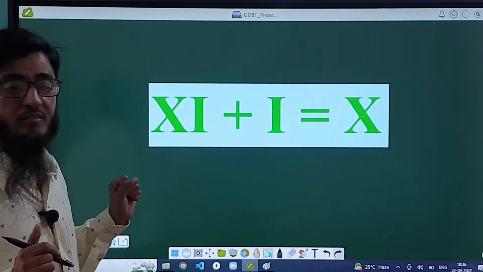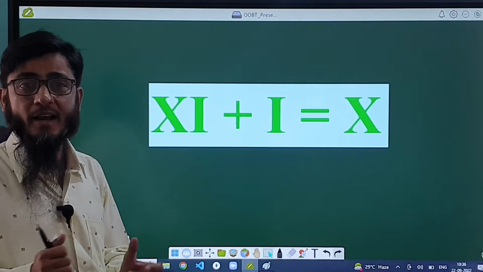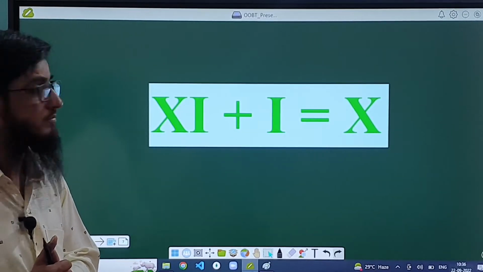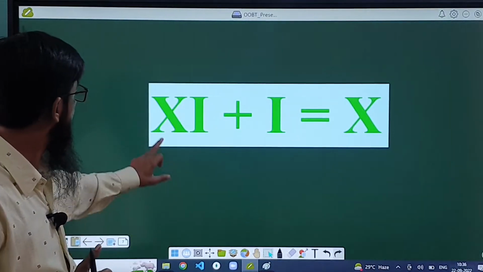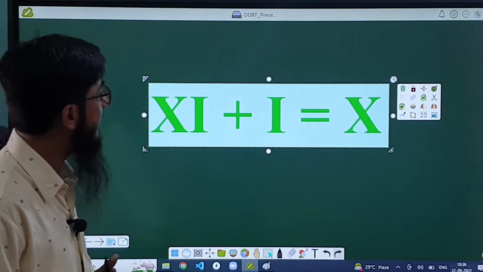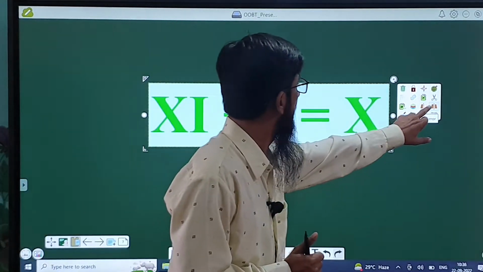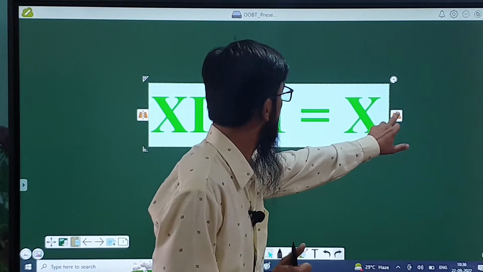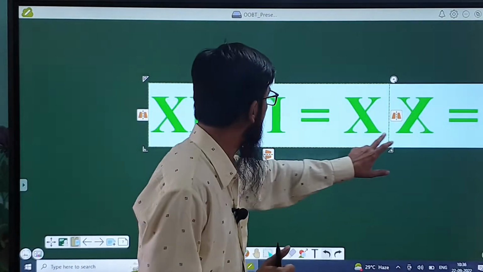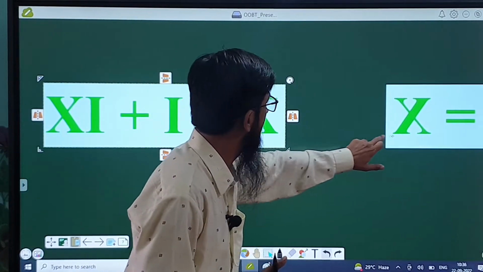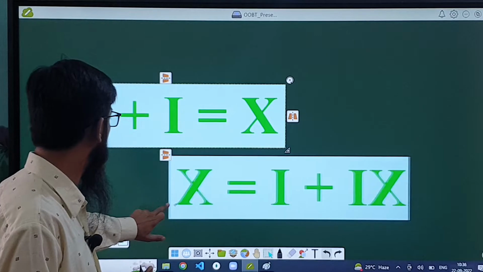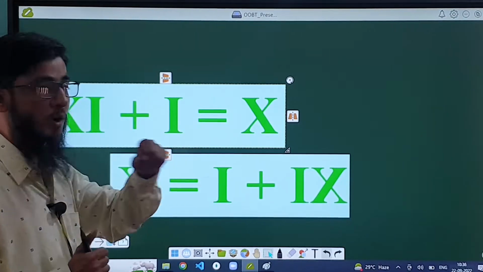Without removing anything, without adding anything, can I again correct this equation? Yes. What if I create the mirror image of this? I have got the mirror image here, and if you see here, X is equal to I plus IX.